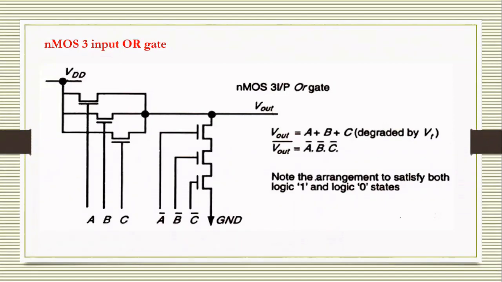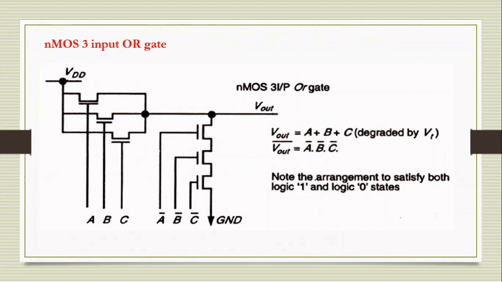Since they are connected in series, we'll get the product term A bar, B bar, C bar. Since we are trying to realize for logic 0, your output should be at 0. Therefore, V out can be represented as V out bar.